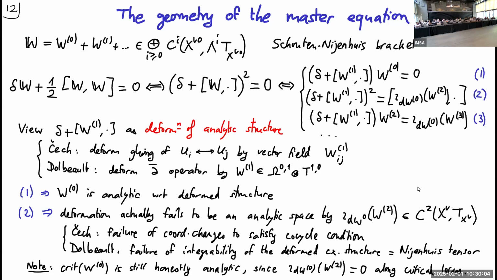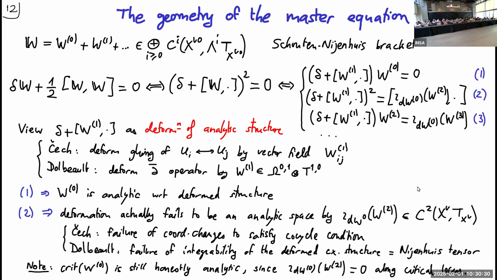If you think of it in the Dolbeault world, you could try to make this deform a delta-bar operator by W1 now becoming a 0-1 form with values in the tangent. And then the first equation says W0, the superpotential, is analytic with respect to the deformed structure. And the second equation says the deformed structure is actually not quite an analytic space by this amount.